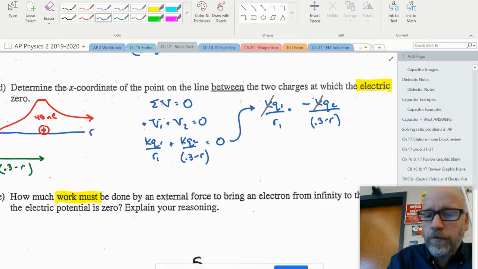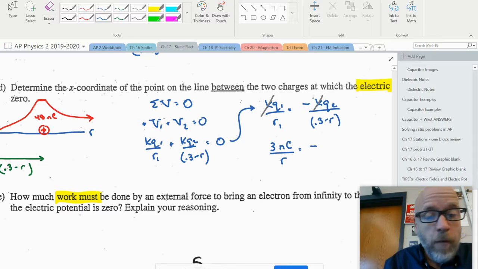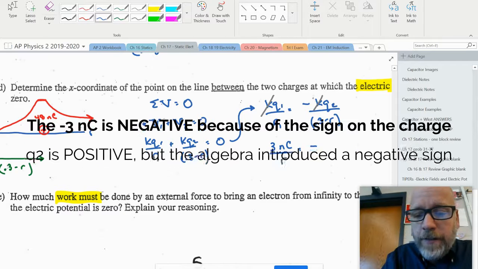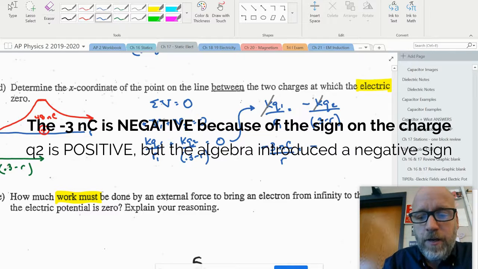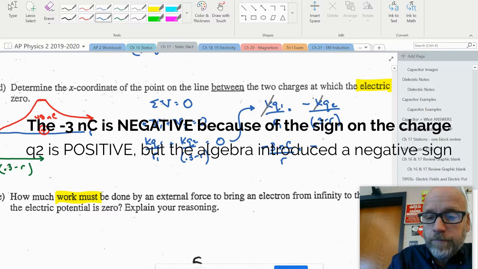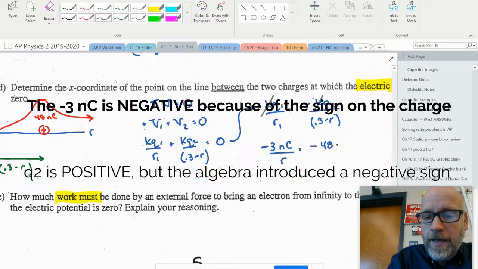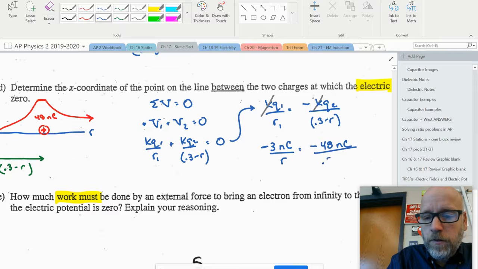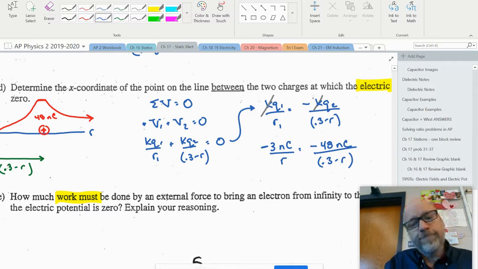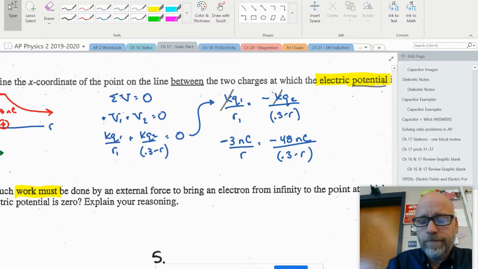Look at my values. Negative 3 nanocoulombs over R equals negative 48 nanocoulombs over 0.3 minus R. All right.